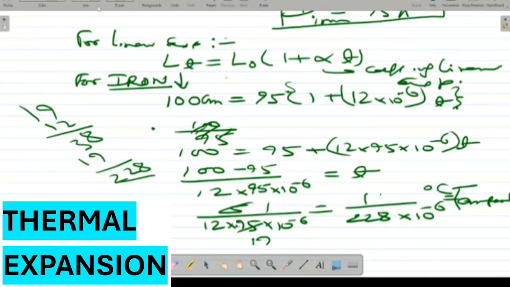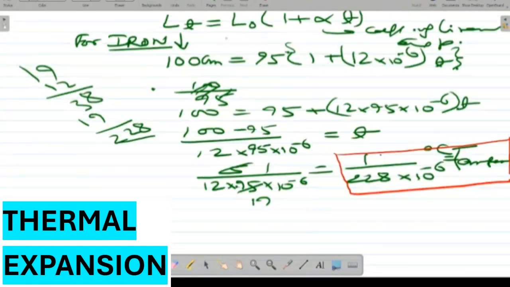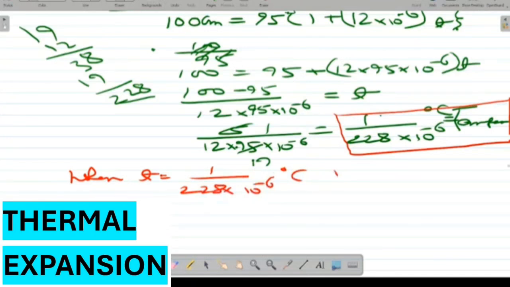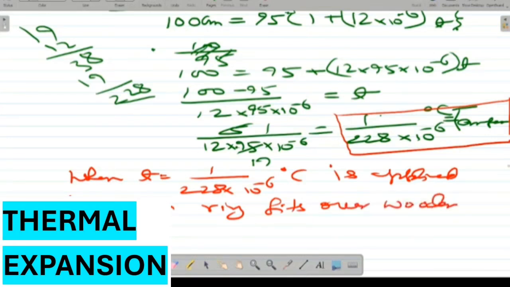So students, we write the solution as: when T equal to 1 by 228 into 10 to the power minus 6 degree centigrade is applied, then the iron ring fits over the wooden wheel.